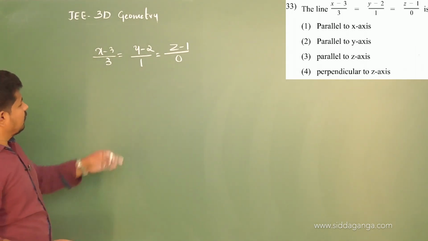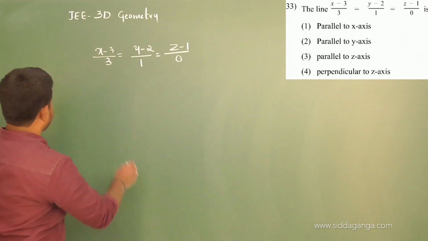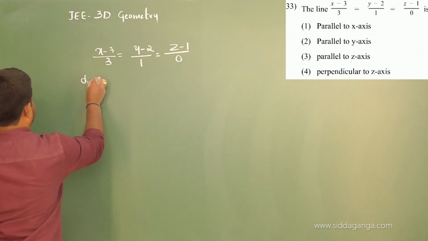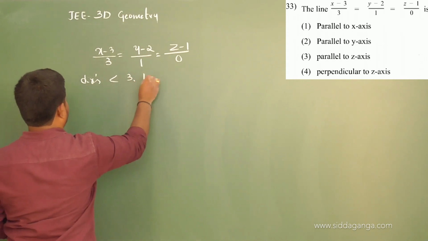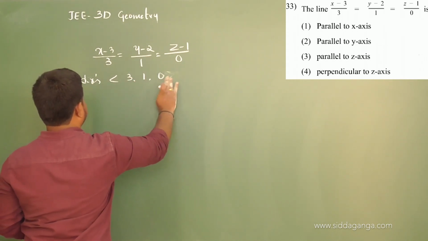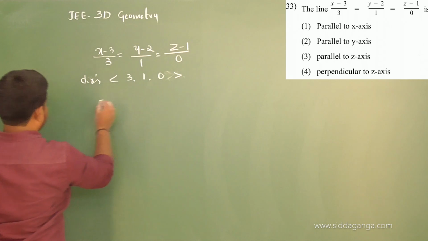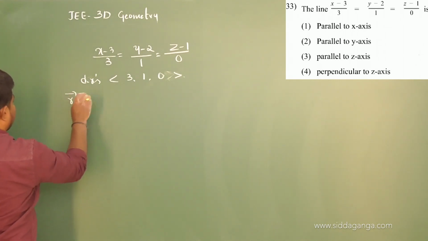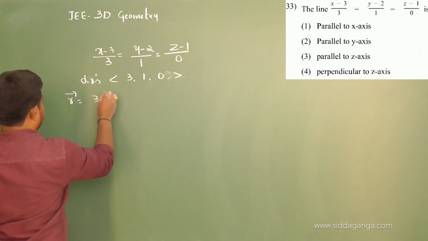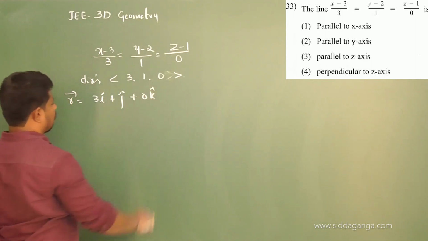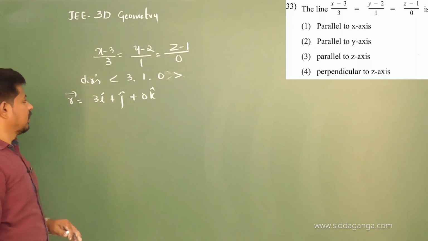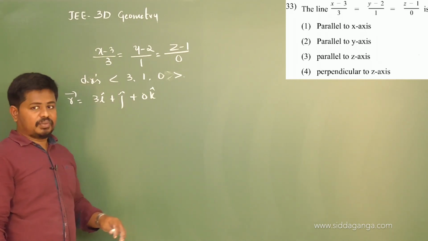Okay, here this is a line with ratios 3, 1, 0. So direction ratios are 3, 1, 0. Let me write the vector form of this. r is equal to 3i plus j plus 0k. Okay, this is the vector form of these ratios 3, 1, 0.